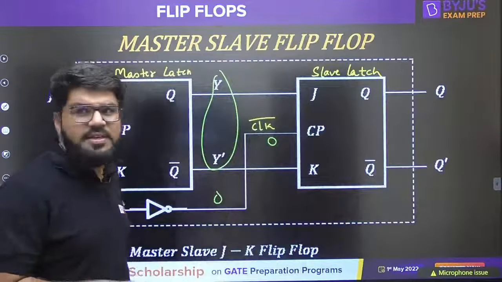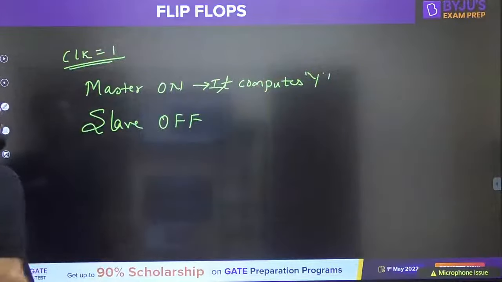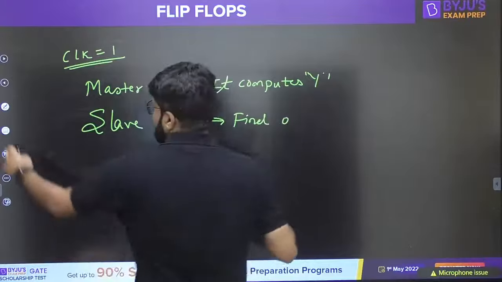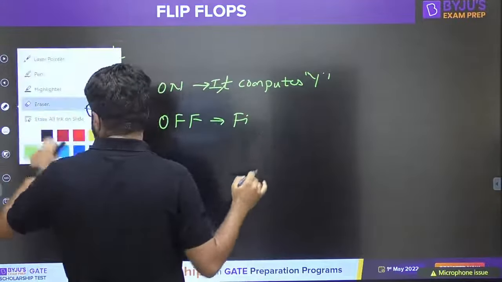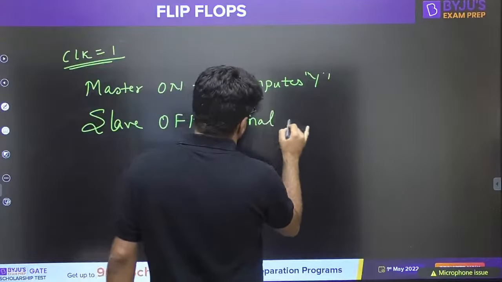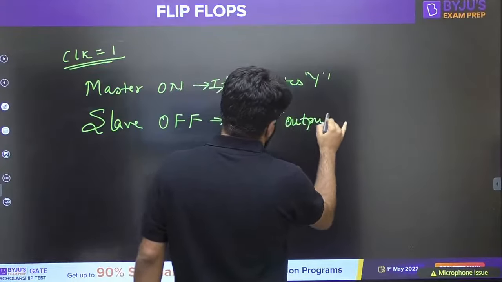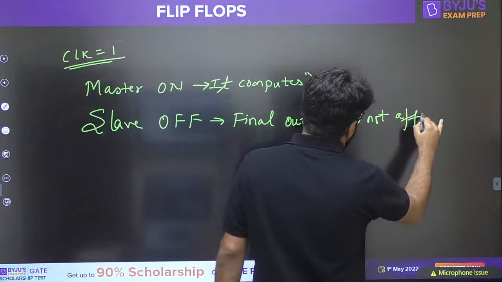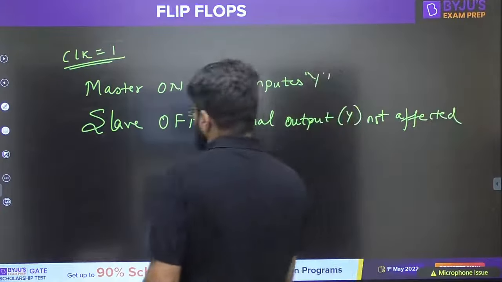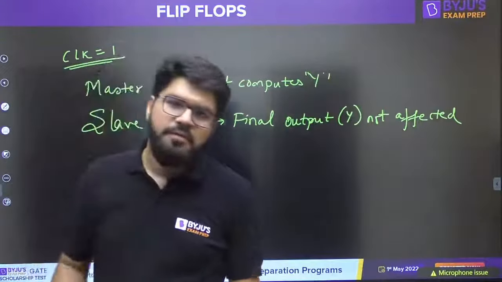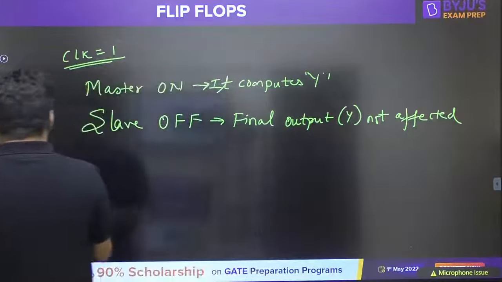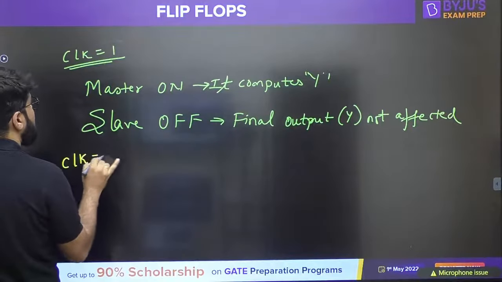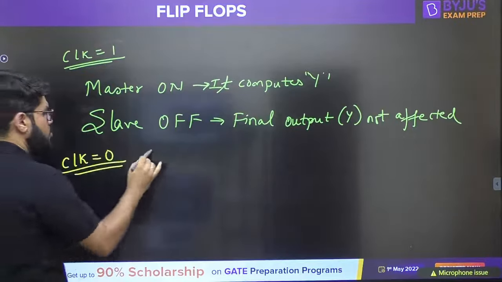Clock is 0 for the slave and the slave is off, so the final output is not affected.